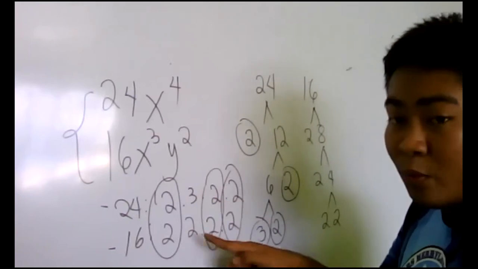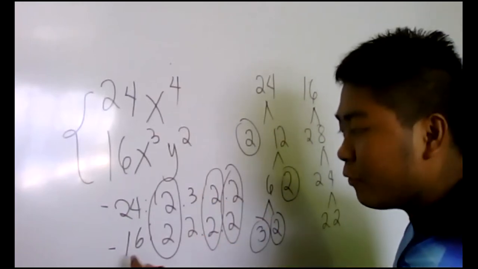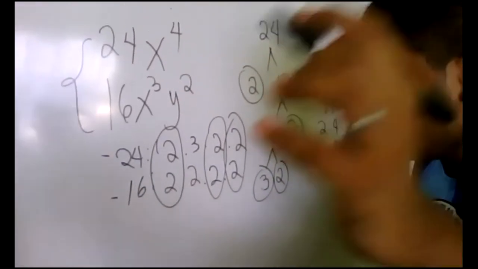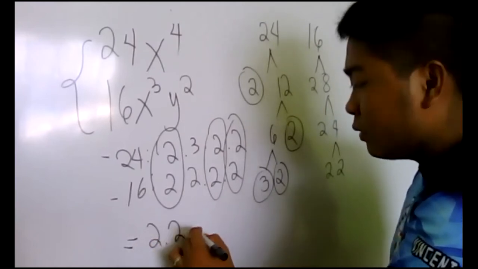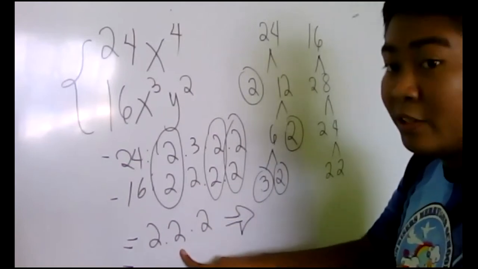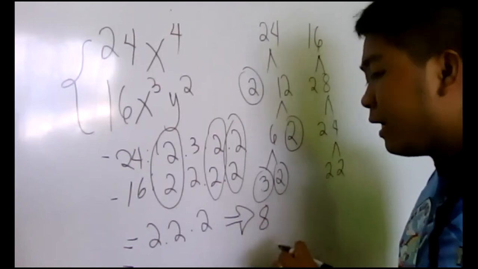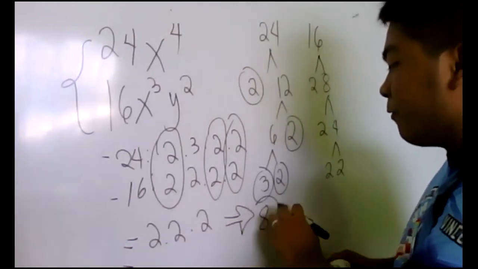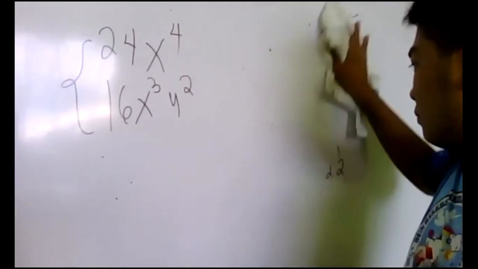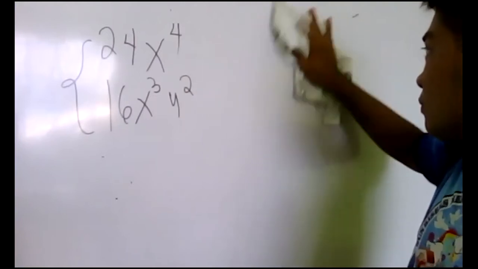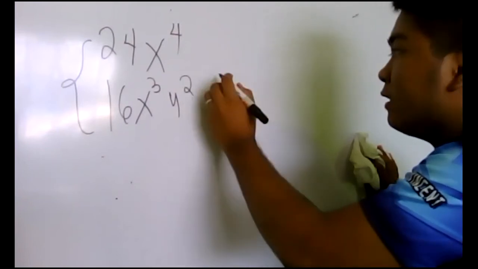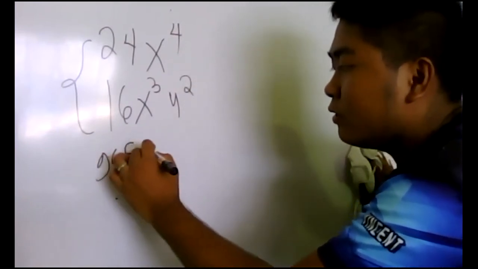We cannot get 3 because they are not the same. Therefore, the common factor of 24 and 16 is 2 times 2 times 2, which is equal to 2 times 2 is 4 times 2 is 8. And so the greatest common factor is equal to 8.